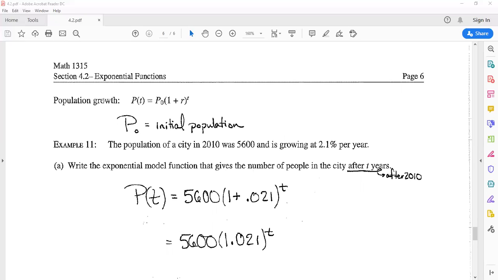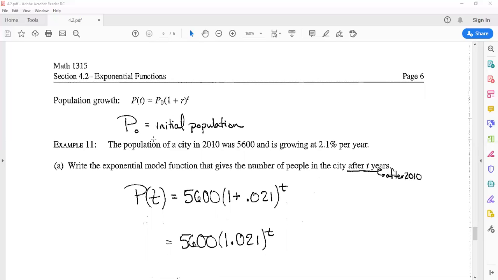They typically will give us some number R in a percentage, which is a growth rate, per unit of time. So if we take T in years, this growth rate is a percentage per year that the population is increasing. And then the formula for our new population at any given time T is our initial population, they call P0, times the quantity 1 plus R to the T.